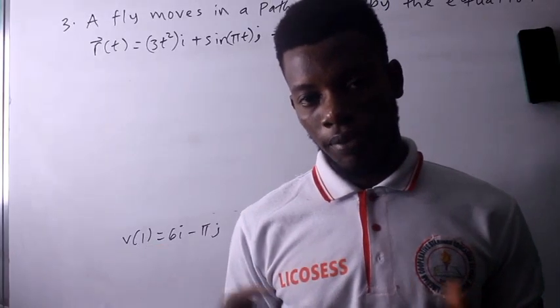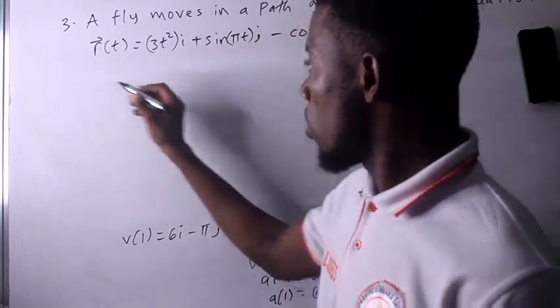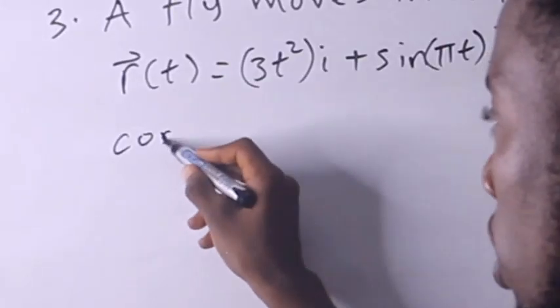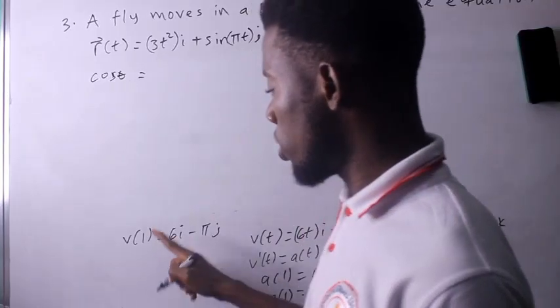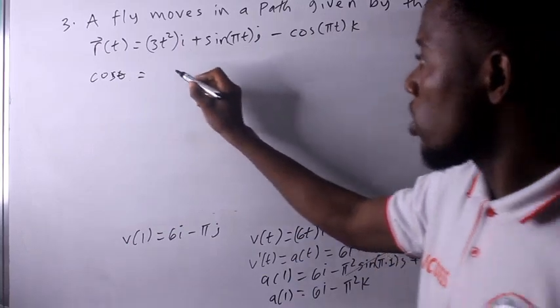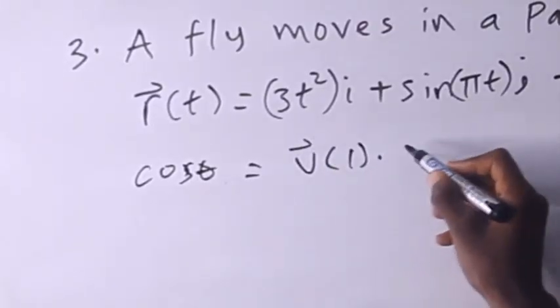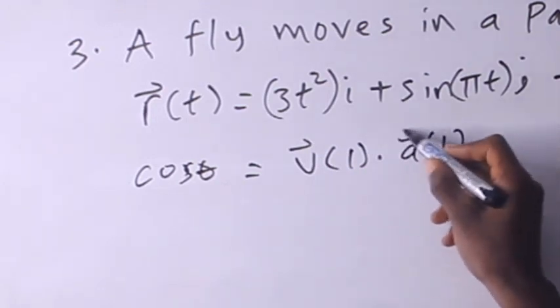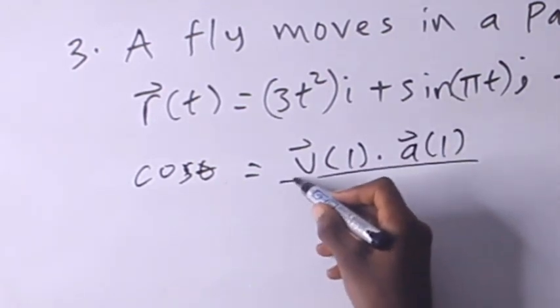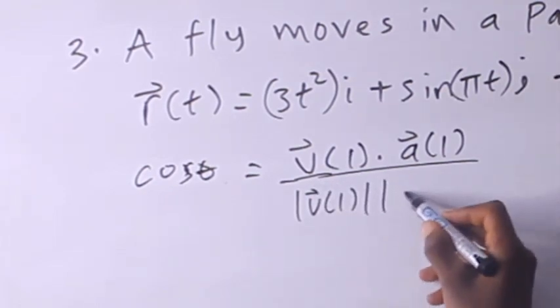The angle theta between any two vectors is given by cos of theta equals, in this case, since we are finding the angle between v of 1 and a of 1, v of 1 dotted with a of 1, all divided by the magnitude of v of 1 times the magnitude of a of 1.